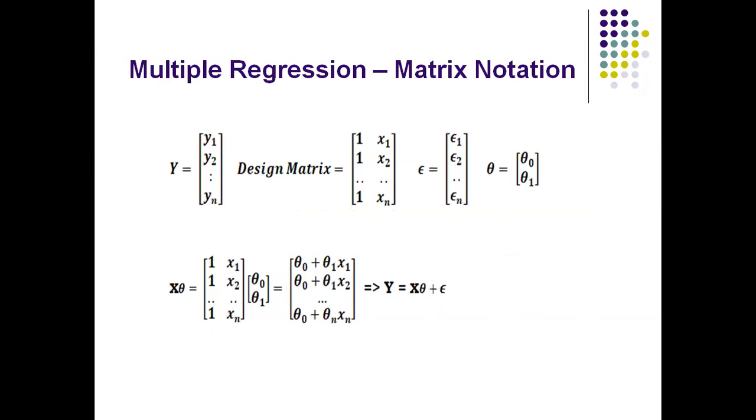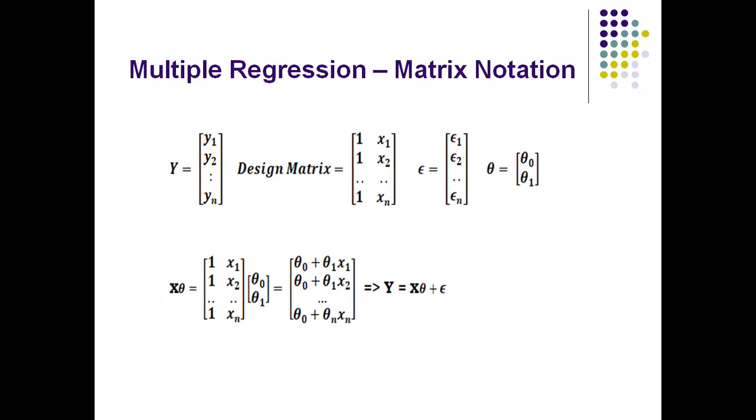Now, this is important for your interviews. In every interview you will get this question: express multiple regression, and they will expect the candidate to mention the matrix representation. That is y1, y2, up to yn, which is basically a column matrix, a vector.